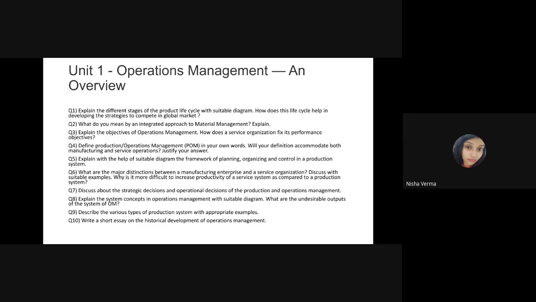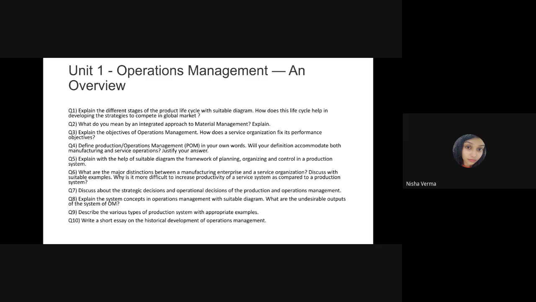Efficiency means that you will get your productivity. Effectiveness is doing the right things, and whatever output is coming is correct. Quality means the product or service satisfies the needs of the customer or the people who demand those goods and services.